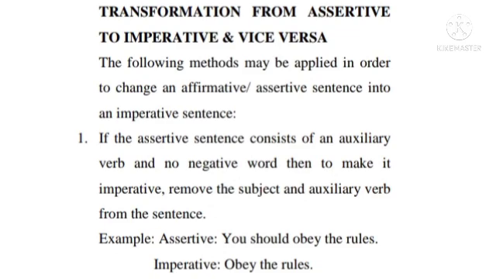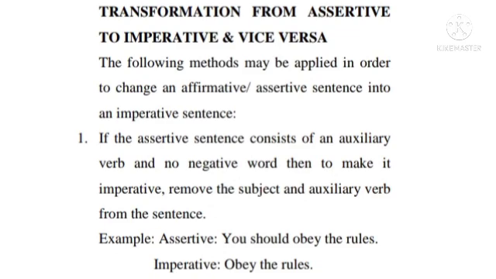You should obey the rules. In this sentence, we can see an auxiliary verb, should, and there is no negative word. So, to get an imperative sentence, we have to remove the subject, and we will get: obey the rules.